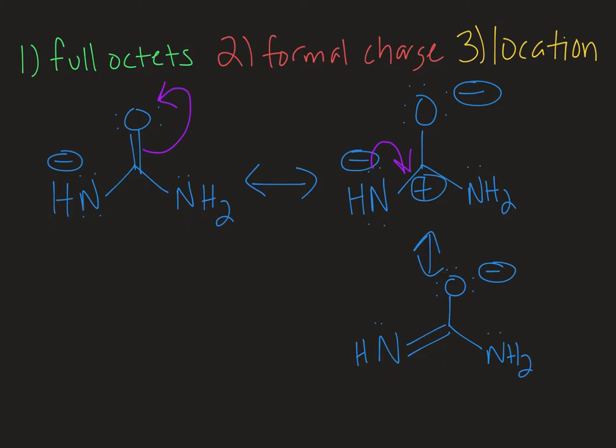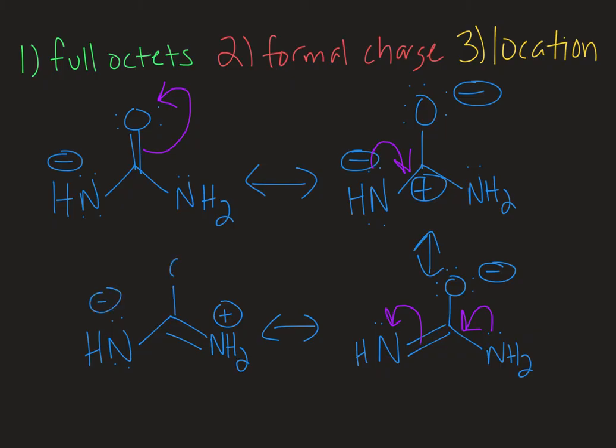So I could go back and redraw the structure from above, or I can just move two pairs of electrons at a time because I know that I've already gone through that intermediate structure. And so that would give me this structure. Again, the overall charge on the structure is negative, but the structure has a lot of formal charge across it. So now we've drawn all the valid resonance contributors for this molecule.